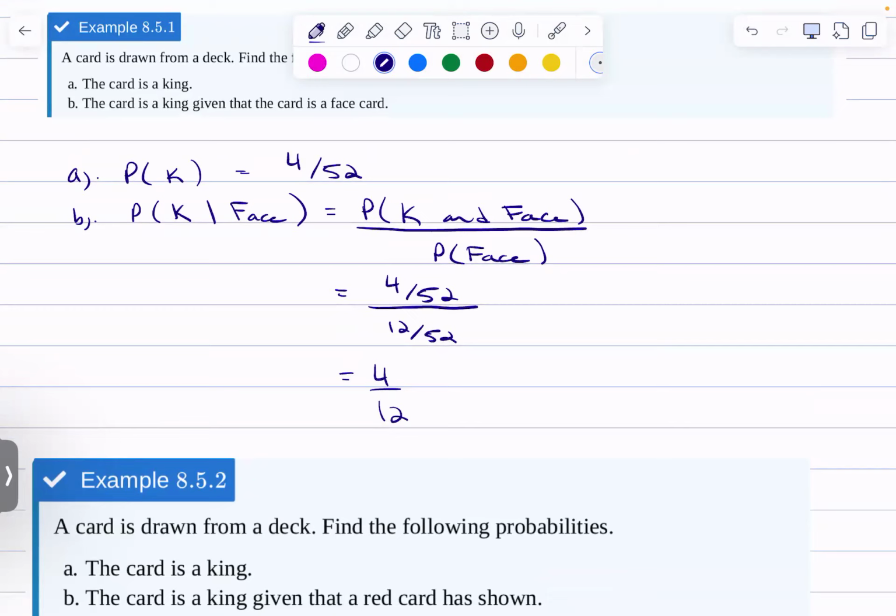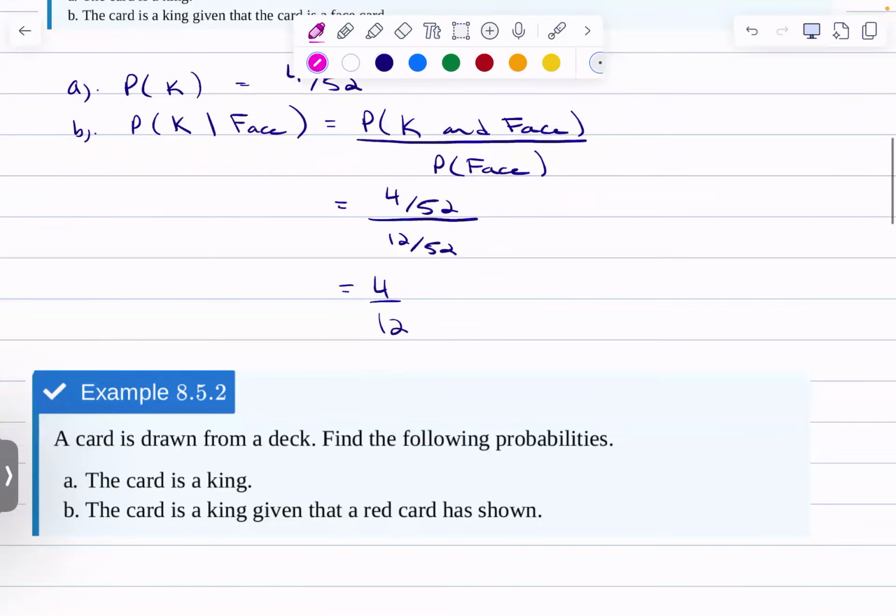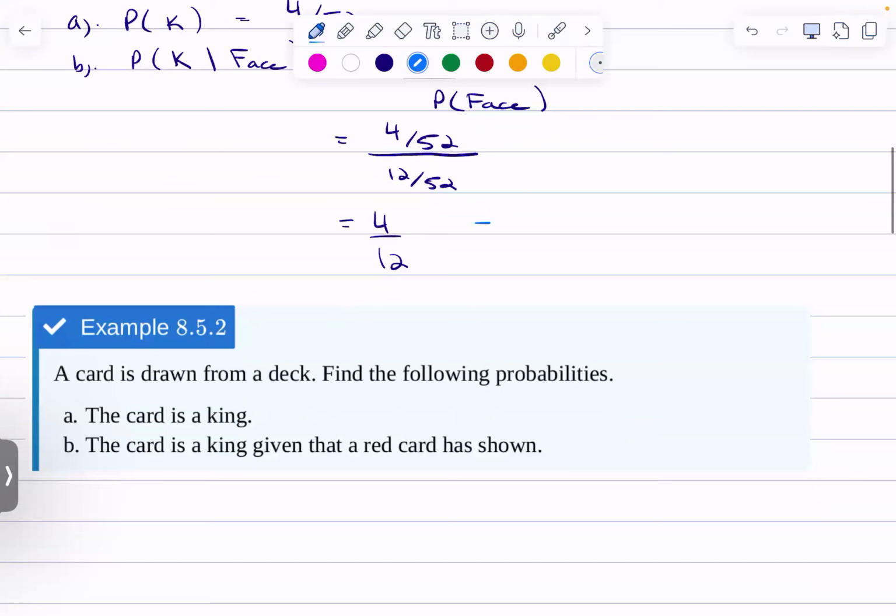So knowing that it was a face card told us something about the probability of it being king, right? Because there's only 12 face cards and all 4 of those are kings, right? And so here, I'll make a note. Knowing it was a face card changed the probability.